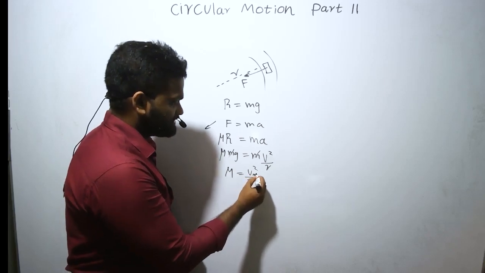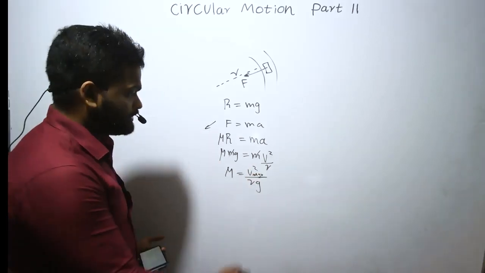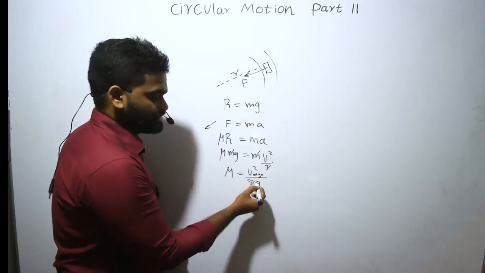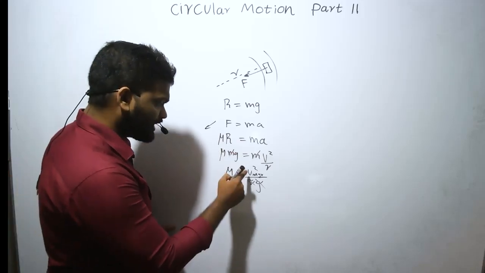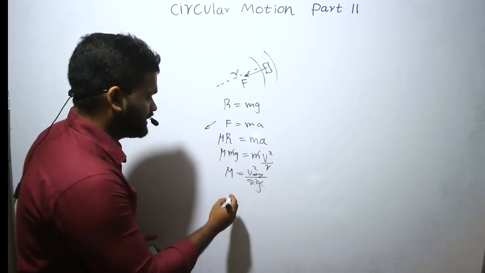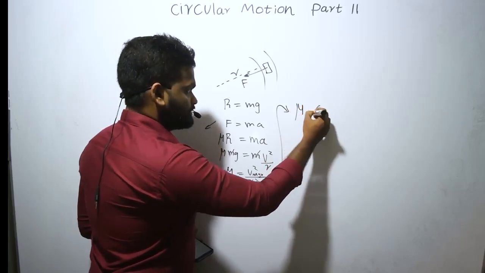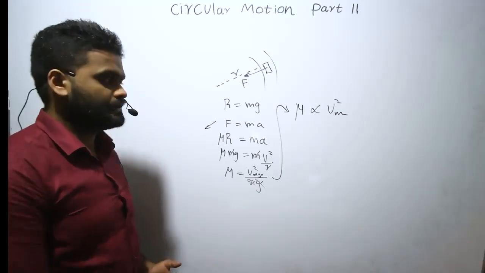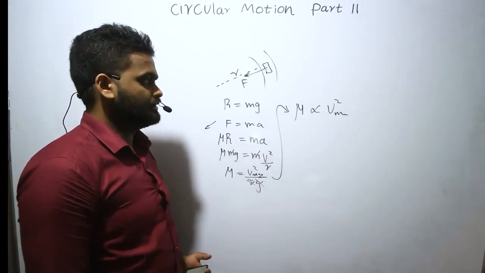So this is Vmax squared. In the two cases, the radius does not change and gravitational acceleration does not change. So according to this, mu is proportional to Vmax squared. Got it? Mu is proportional to Vmax squared.